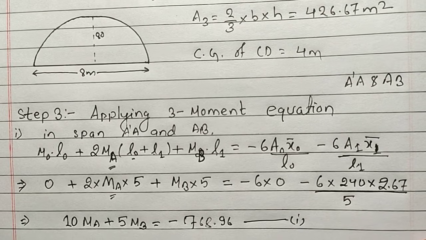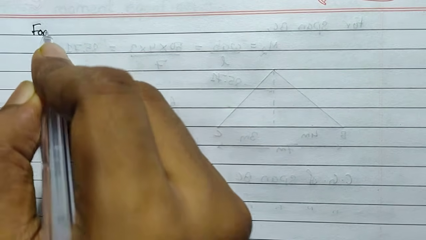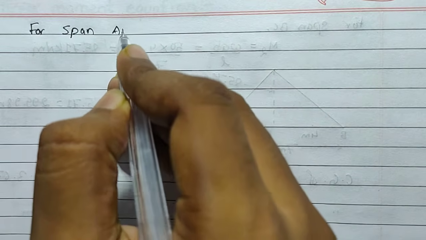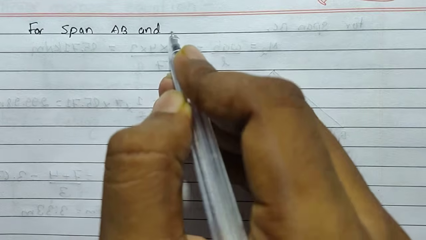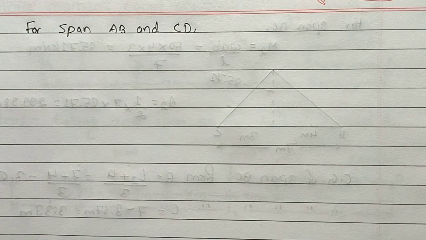Similarly, now we will be considering span AB and BC. For span AB and BC, let us write down the equation and then we will put down the value.